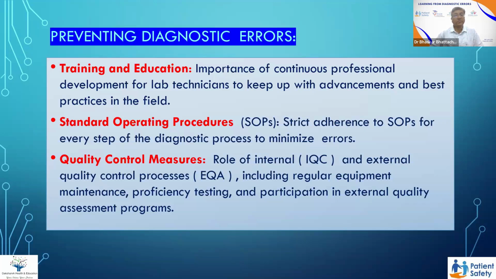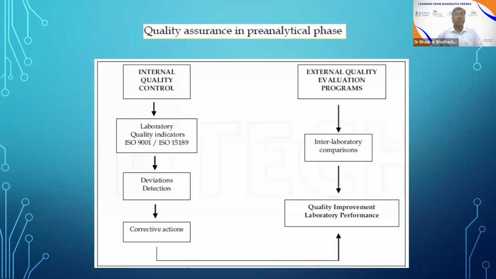Next, this is the quality assurance in the pre-analytical phase, just a schematic diagram. In internal quality control, there are the laboratory quality indicators as per ISO 9001 or 15189, and we detect the deviations and immediately take corrective actions.